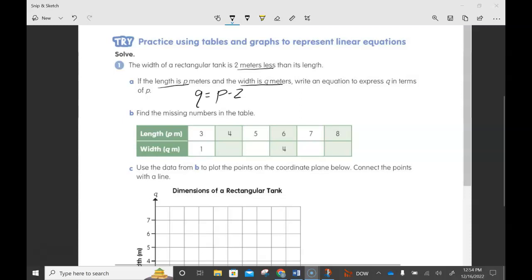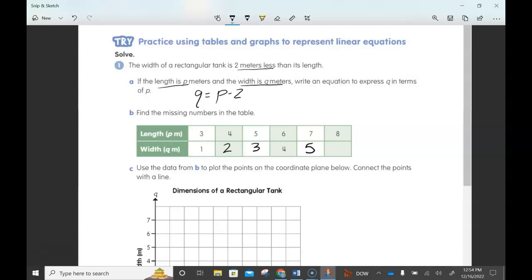Let's take a look at a table and see how this would play out. If the length is 3, the width would be 1, 2 less. Length is 4, width is 2. Length is 5, the width would be 3. Length is 7, remember q equals p minus 2, so 7 minus 2 would be 5, giving you the q.